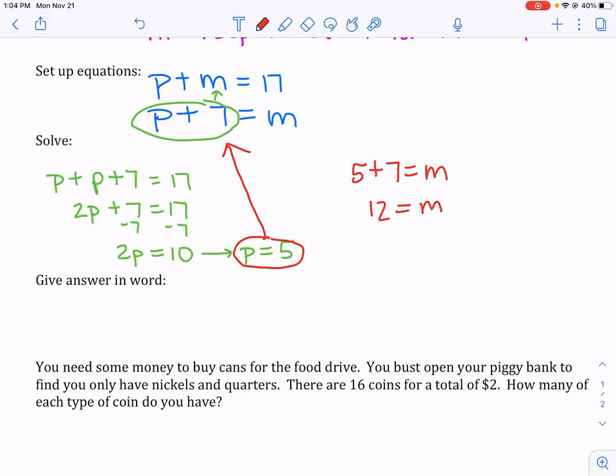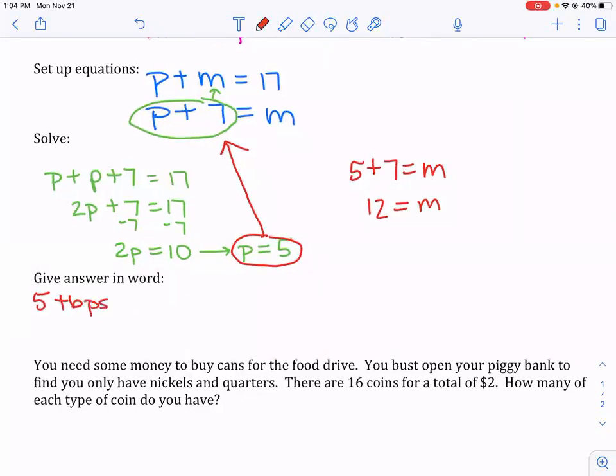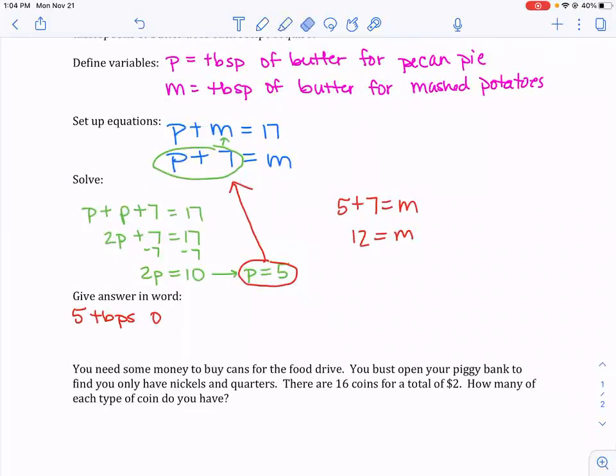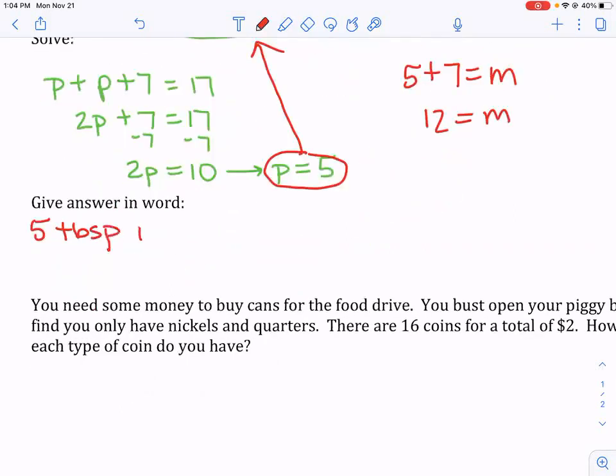So we need 5 tablespoons of butter for the pecan pie.